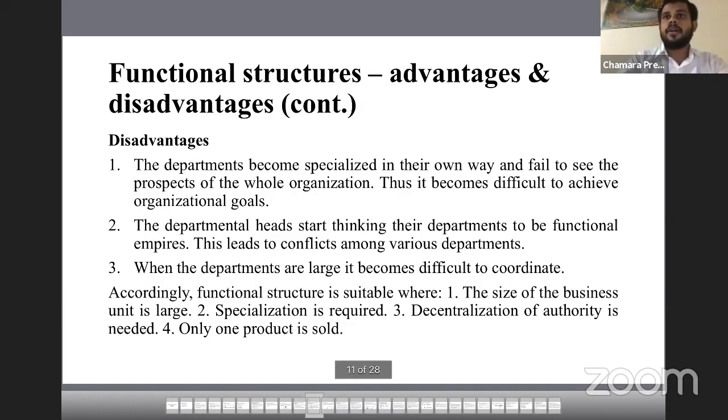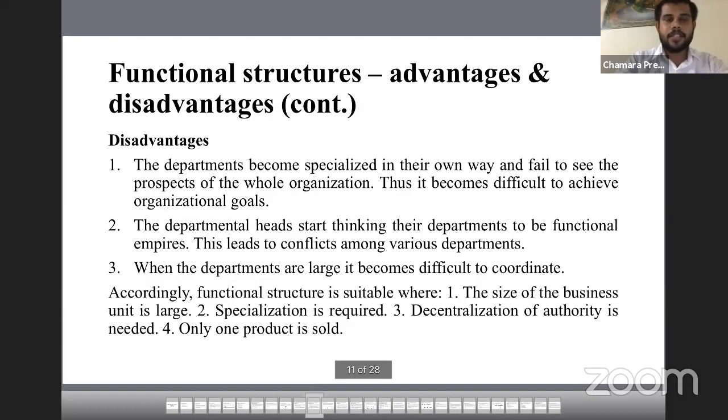So now let's see what kind of organizations this suits best, right? The functional structure is suitable where the size of the business unit is large, where specialization is required, and where decentralization of authority is needed, right?